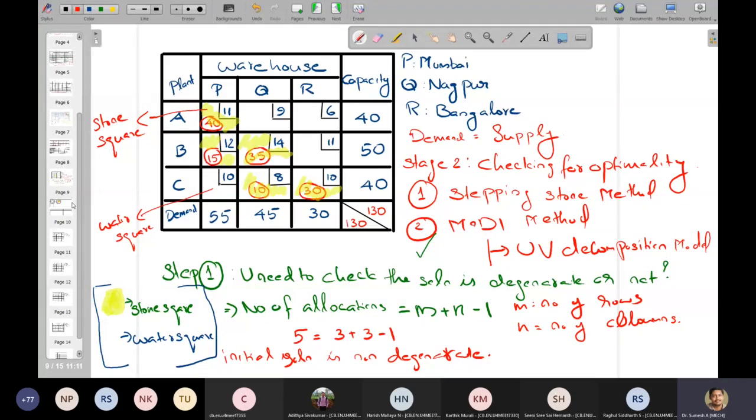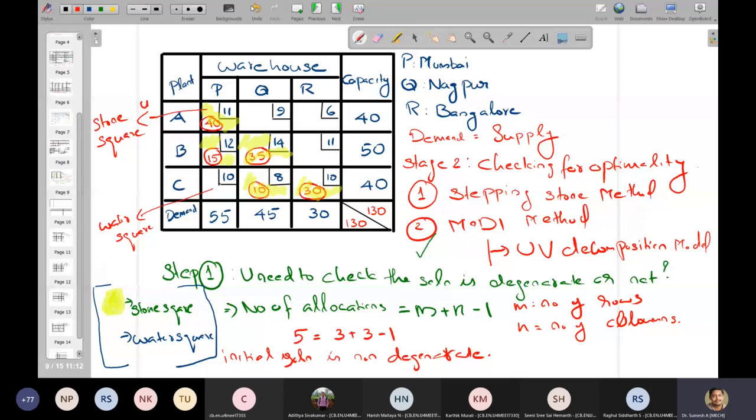Now, if we are going to the MODI method, or the UV decomposition method, we mark the rows and columns. This first row will be marked as U1, this will be U2, this will be U3.